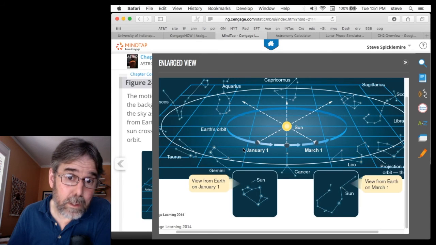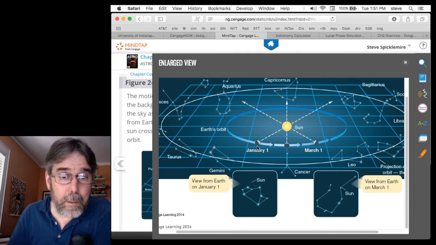But at midnight, you're looking straight up at Gemini. So you get a sense of how different stars are visible at different times of year. If you wait till March 1st, then if you look straight up at midnight, you see the constellation Leo, and so on. Okay.